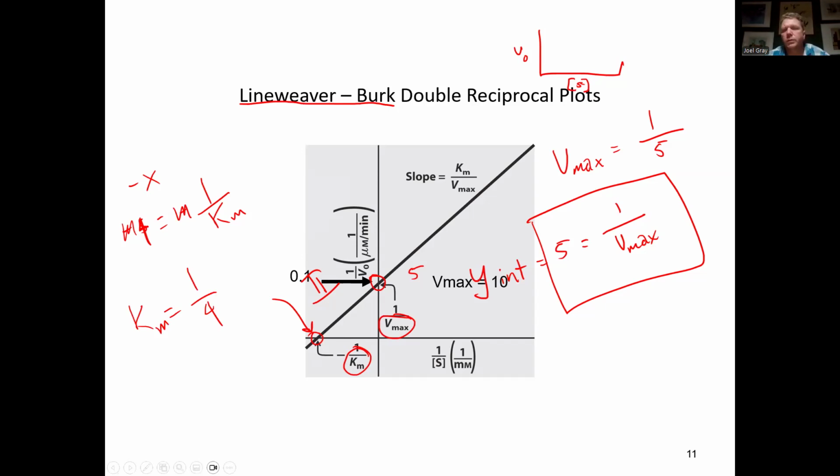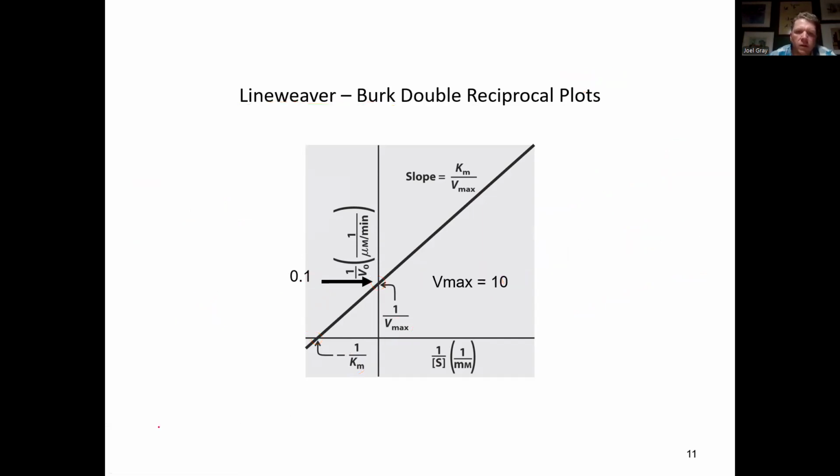So this is a double reciprocal plot. This plot is made by taking all of the data that one would put together for a Michaelis-Menten plot and taking the reciprocal value of them and plotting them. Now here what we have is an example. If I need to erase some of my markings, I'm going to erase everything on this slide. Here we go.